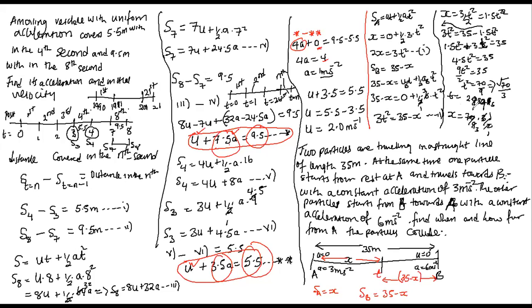Here once, 35. 35 divided by 3 is 11.667 recurrent, which is correct.